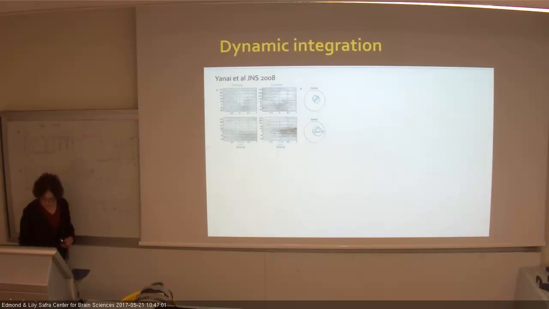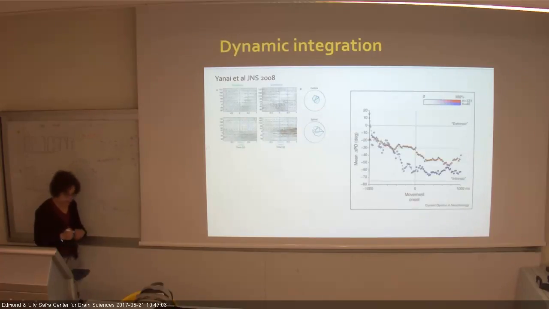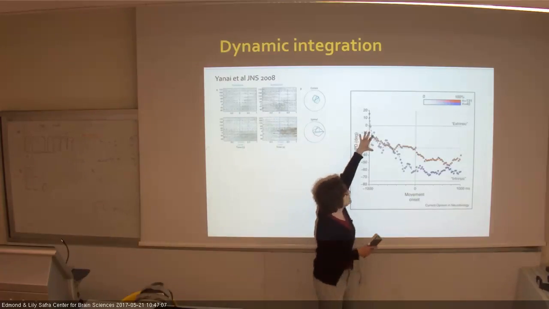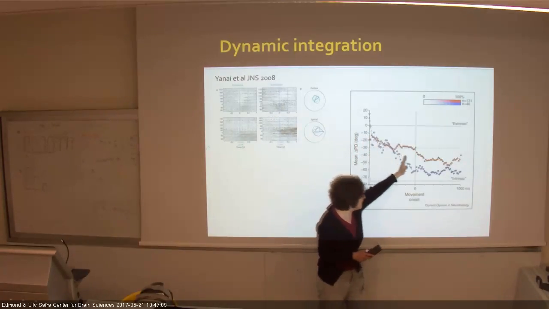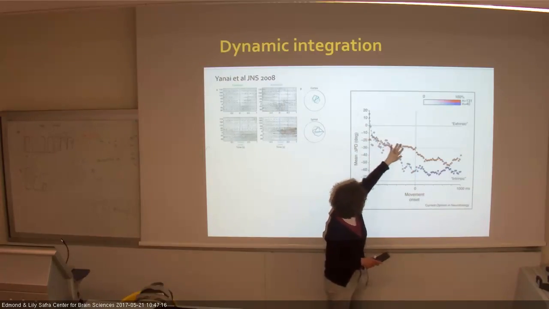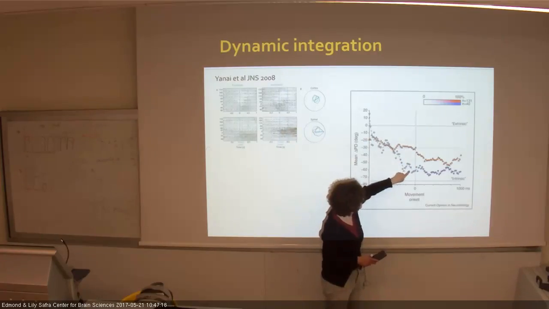But what we found is this. You see here the delta PD as a function of time, from cue onset to movement onset, of cortical cells in red and of spinal cells in blue.